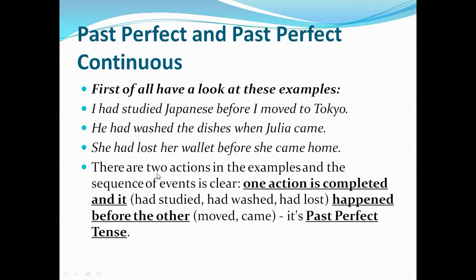So there are two actions in the examples and the sequence of events is clear. One action is completed, and it had studied, had washed, had lost, happened before the other, moved, came. It's the past perfect tense. يعني هنايا هادو هما الاولين وقعوا كنشوفوا من هاد لي example وهادو الثانيين.